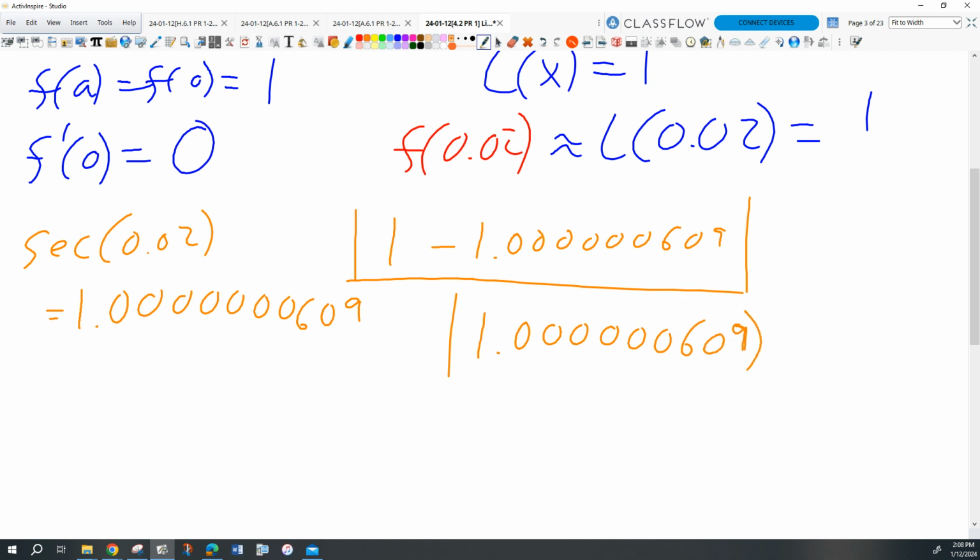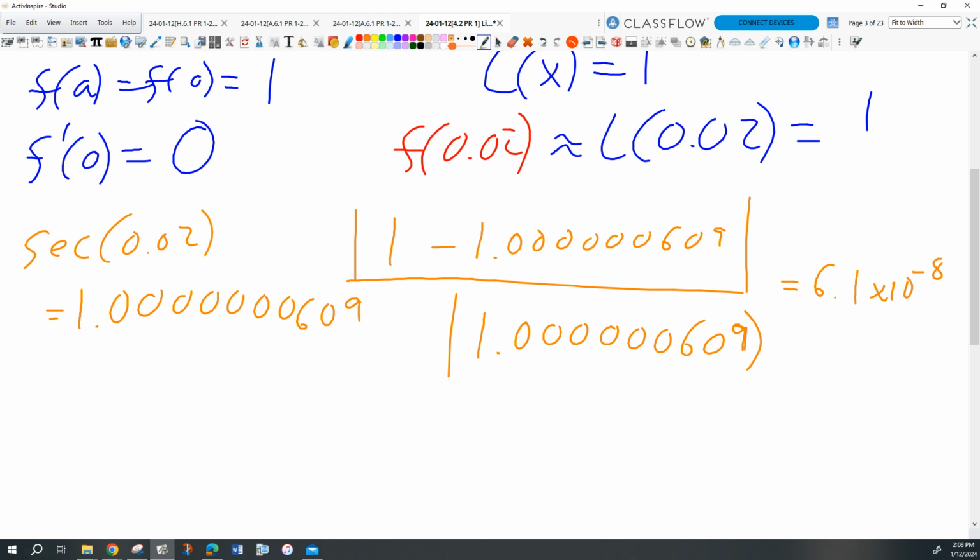Which is what? My calculator gave it to me in like the exponent form. Okay, so what's it tell you? Just ignore the negative. 6.099999. Okay, let's call it 6.1 e to the negative 8.